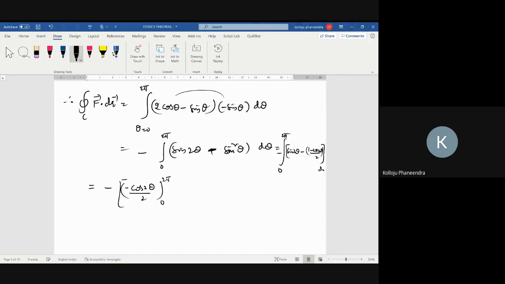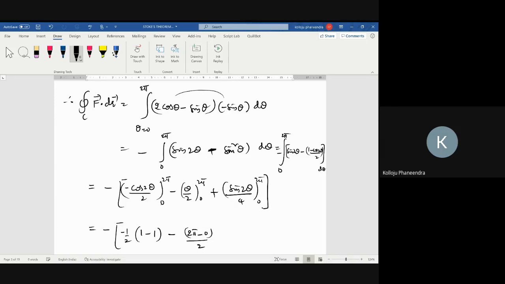Integrating, minus 1 by 2 means theta by 2, between 0 to 2 pi, minus into minus plus, integration of cos 2 theta is sine 2 theta by 2, by 4, from 0 to 2 pi. So what is this value? Minus 1 by 2, cos 4 pi is 1 and cos 0 is 1, minus 2 pi minus 0 by 2, plus sine 2 pi is 0, and this is 0 by 4.